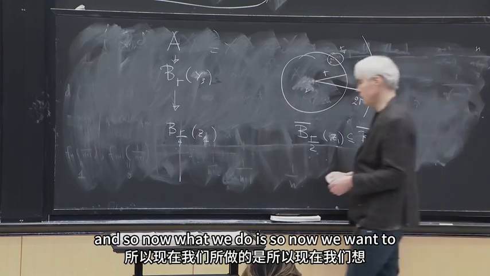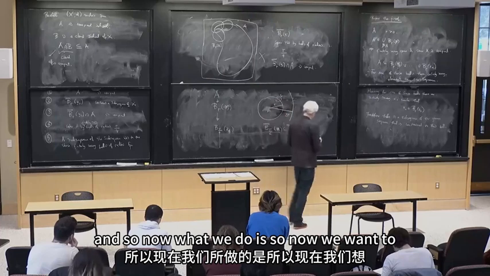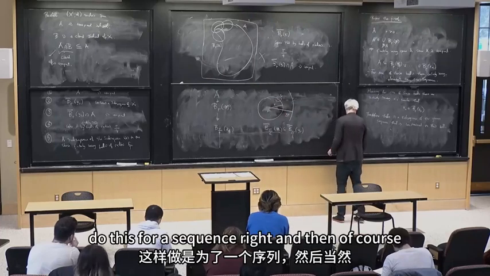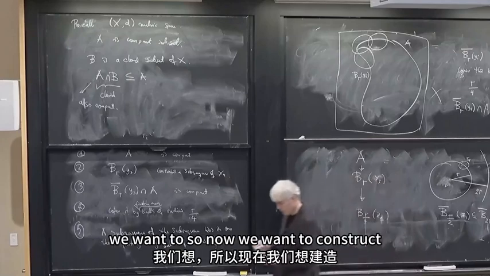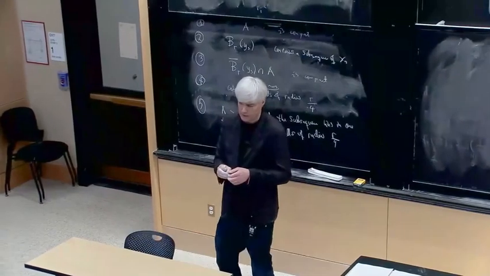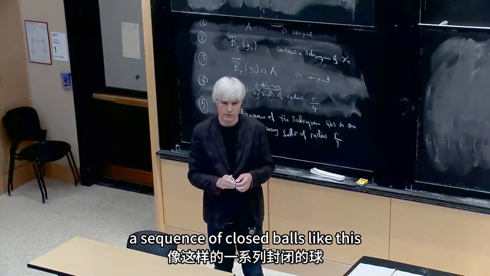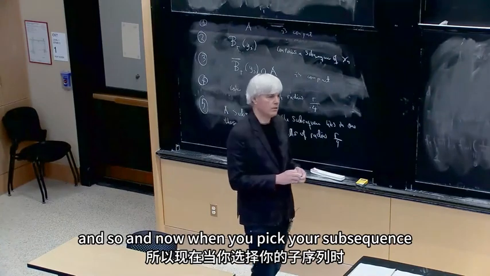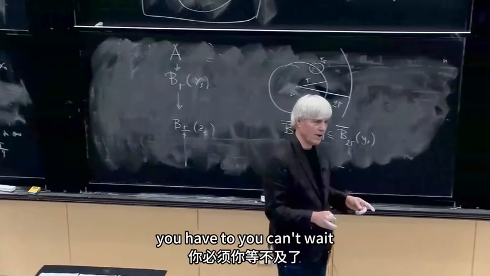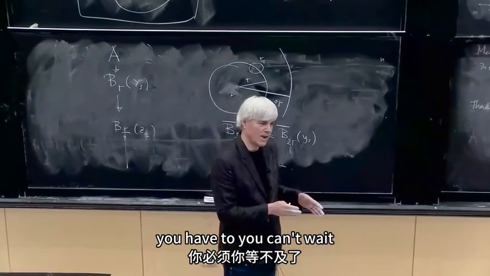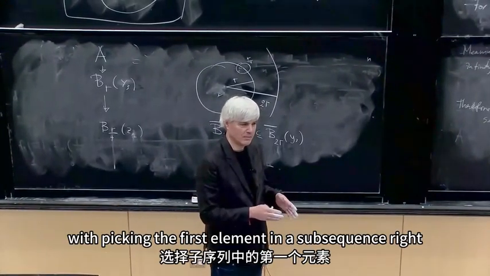And so now we want to do this for a sequence. We want to construct a sequence of closed balls like this, right? And now when you pick your subsequence, you can't wait with picking the first element in a subsequence.